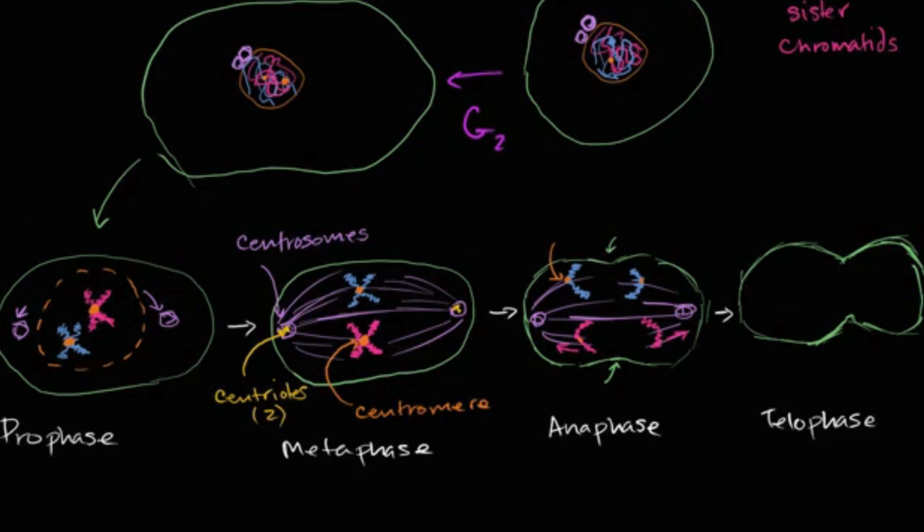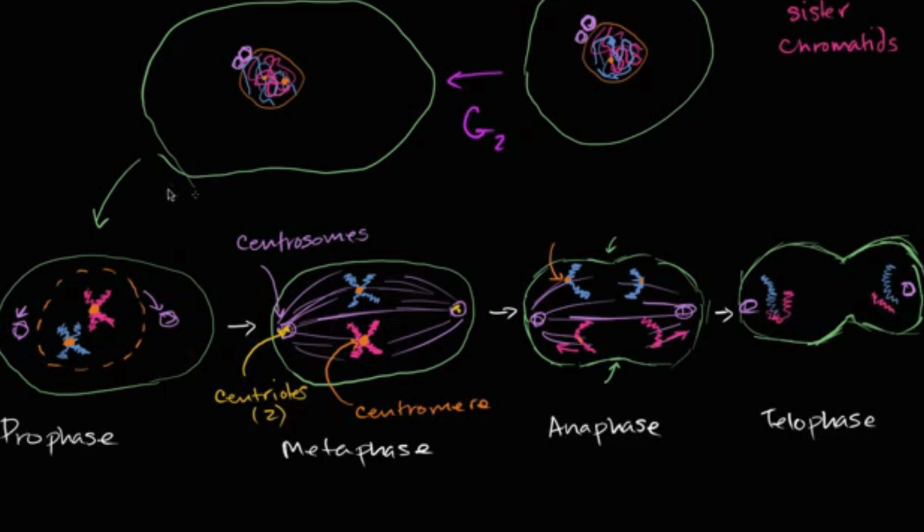So actually, let me draw the two centrosomes. So you have one centrosome, in that same color that I had before. So you have one centrosome right here. You have another centrosome right over there. And now the DNA, this blue DNA, this chromosome is now here, but it's starting to unwind a little bit. Same thing on this side. Magenta chromosome is on here, but once again, starting to get a little bit unwound.